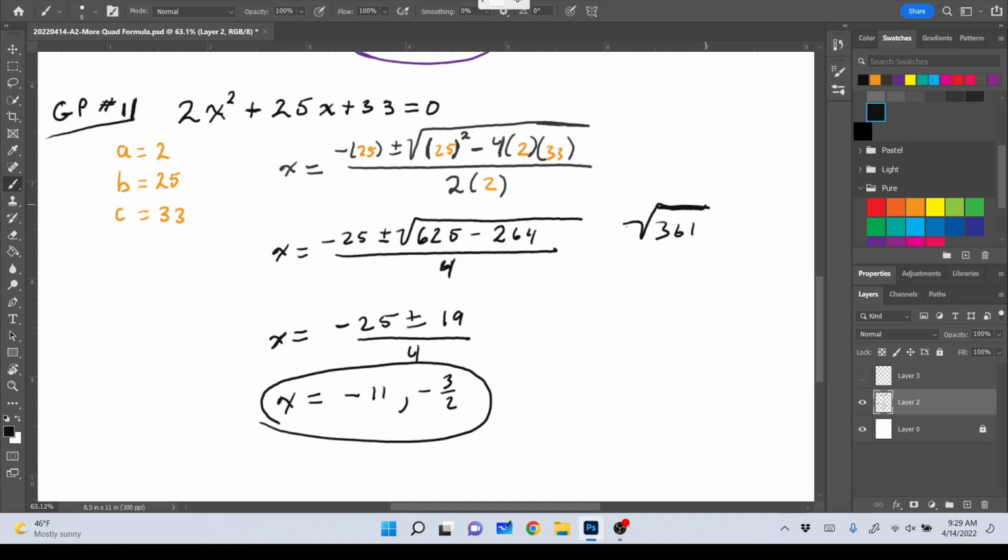I don't expect you to know the square root of 361 off the top of your head. That would be surprising. But if you punch that in your calculator, you discover that the square root of 361 is 19. So it is. You are correct. And yes, that was a space where I skipped that.